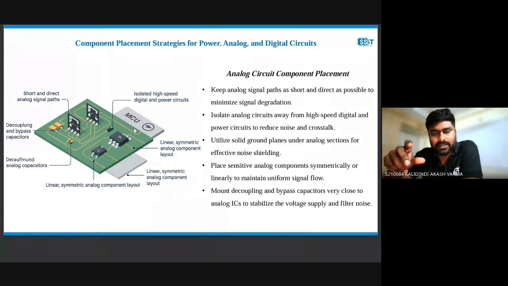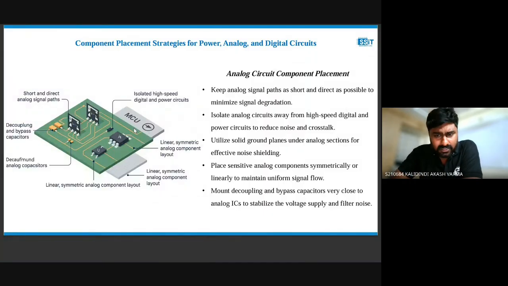Digital circuitry is zeros and ones, and the transition period is very quick, so we can call them high speed transition signals. We should maintain isolation between analog circuitry and digital circuitry to avoid crosstalk. An analog signal may interfere with a digital signal, and a digital signal may interfere with an analog signal. So we should maintain some isolation between analog and digital circuitry.